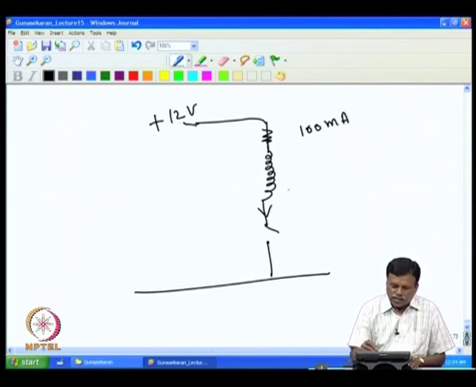If the operating voltage is 12 volt, then in the actual case, the relay is a coil and the coil has a resistance.